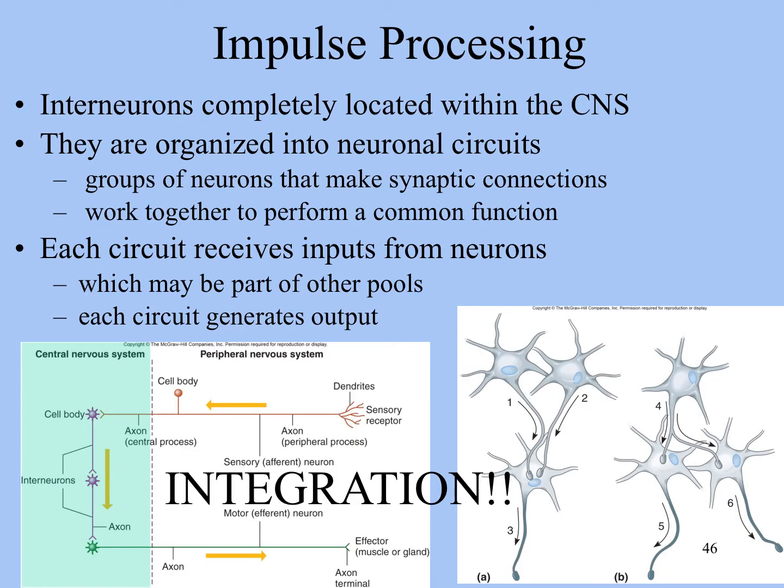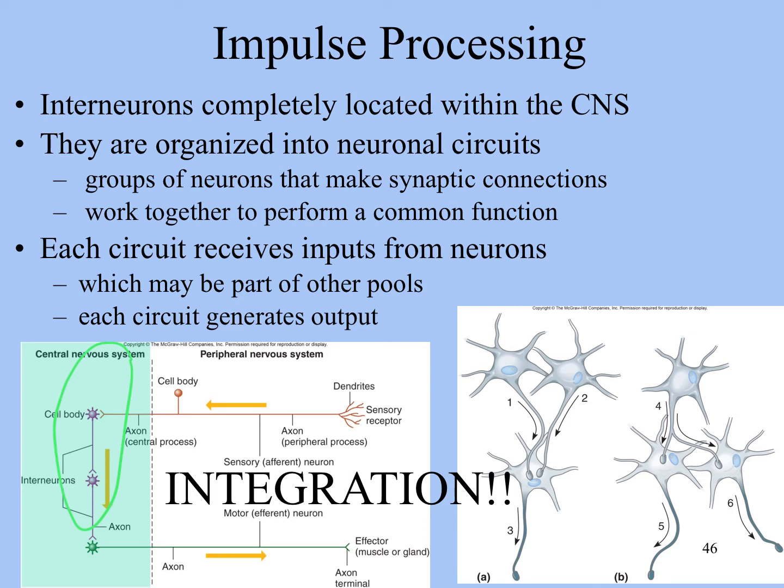So an important thing to remember is that the central nervous system, which you see in green right here, is involved in integration. So it takes many different sensory inputs, puts them together in a comprehensive and understandable way, and then spits out some sort of output through the efferent or motor nervous system.